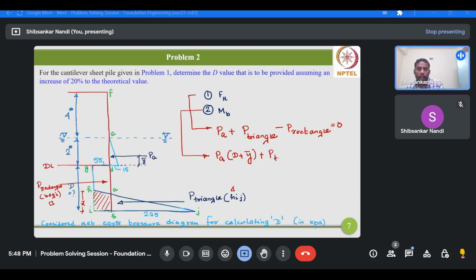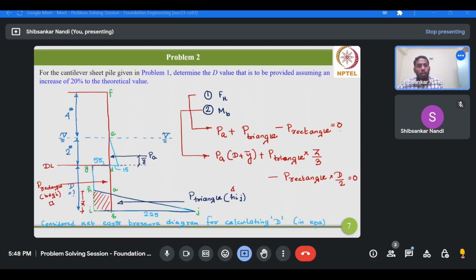Then plus P triangle multiplied by the corresponding lever arm, which will be simply Z by 3, then minus P rectangle into D by 2 equals 0. Because the CG of this triangle lies at a height of Z by 3 from the base of the wall, and for the rectangle it lies at a height of D by 2 from the base of the wall.